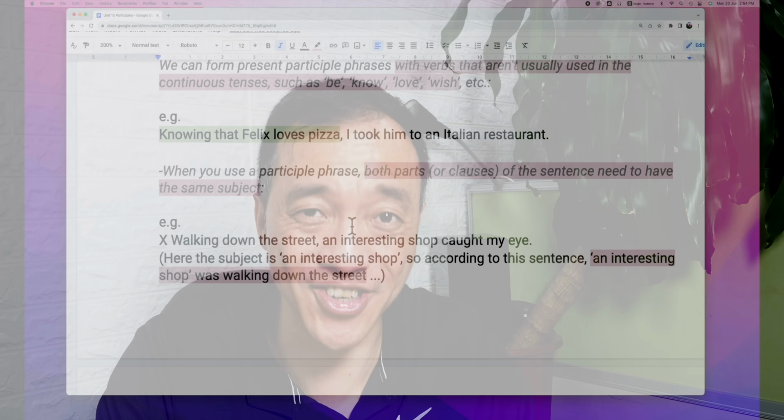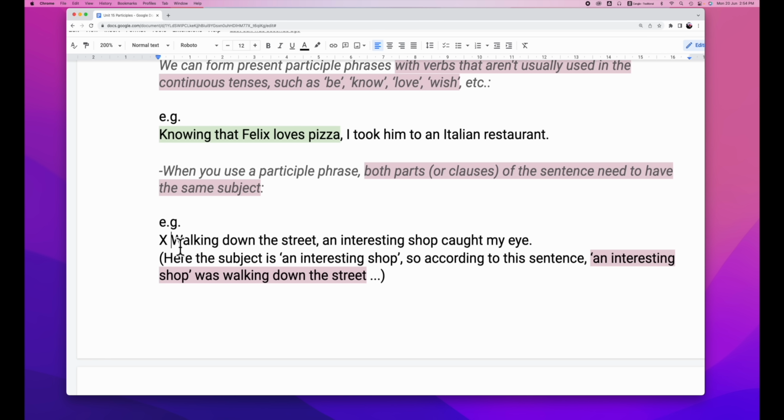That is some other very important information that you have to be aware of when you're using present participle phrases. You have to make sure both parts of the sentence use the same subject. What does it mean? Let's take a look. Walking down the street, an interesting shop caught my eye. Who is walking down the street?